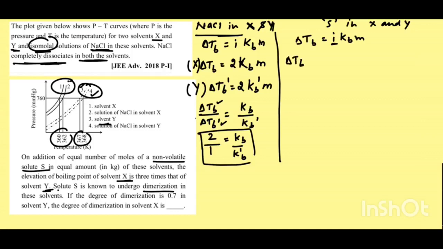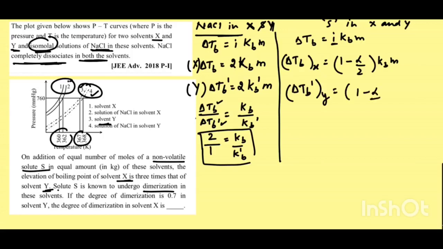So delta Tb for X is equal to (1 minus alpha by 2) Kb m. Similarly for solvent Y, delta Tb dash is (1 minus alpha by 2) Kb dash m.